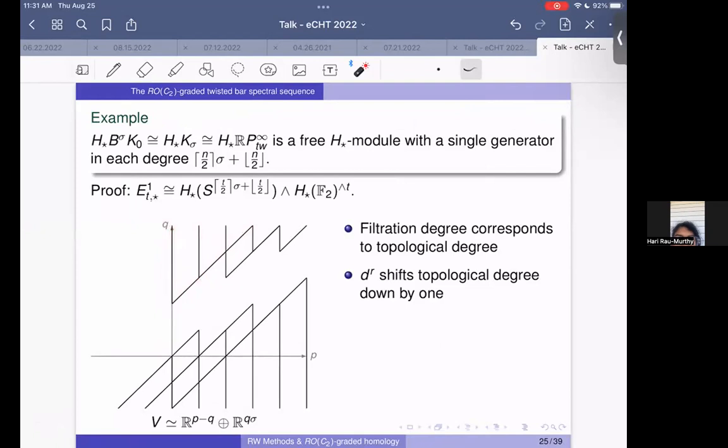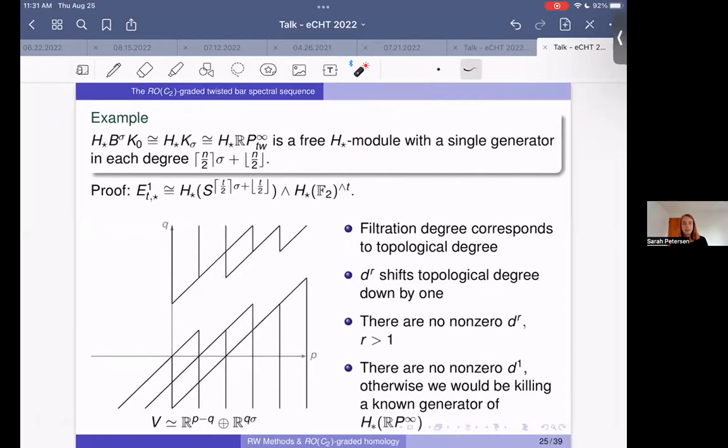Yeah. Cool. So because a d_r differential shifts degree down by at most 1, we can't have any d_r differentials greater than 1. And that leaves just the case where perhaps we would have a d1 differential that looks like this.